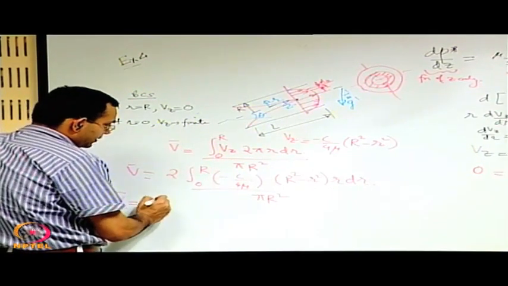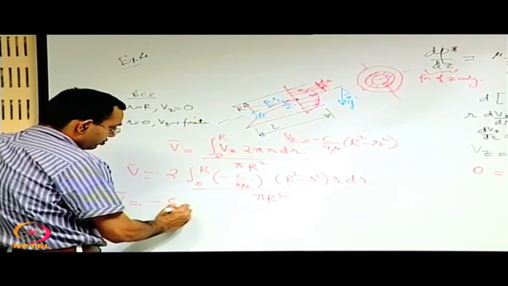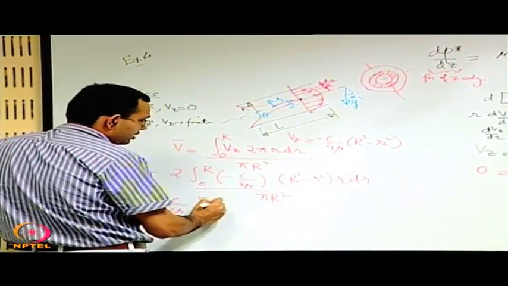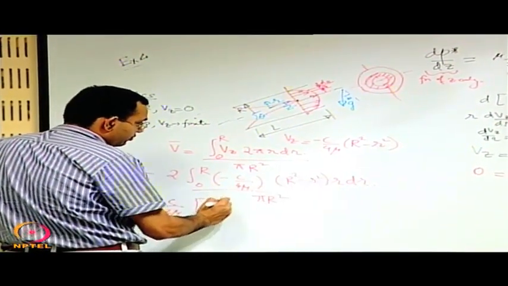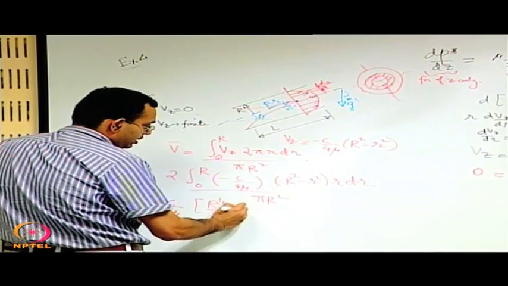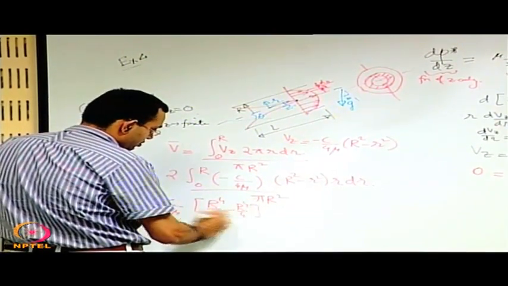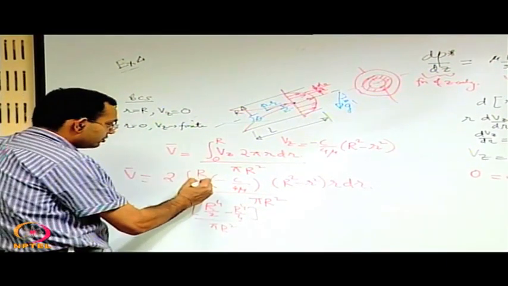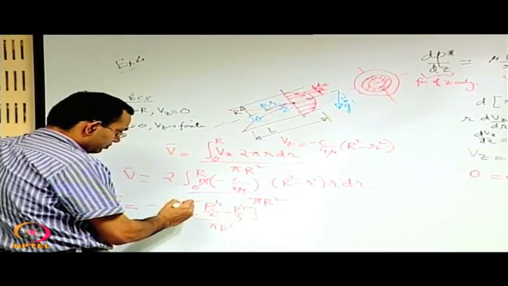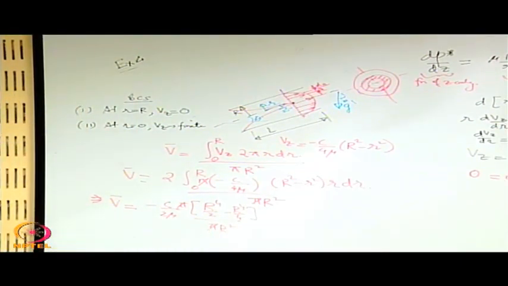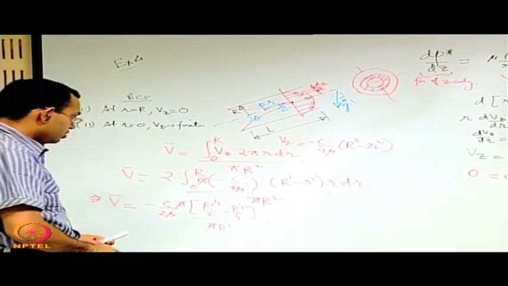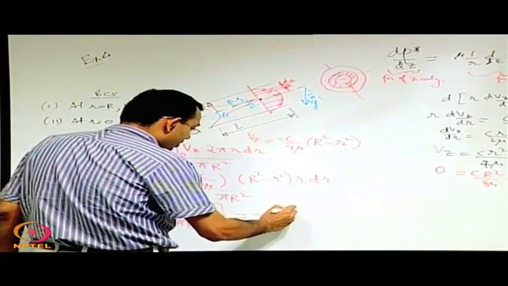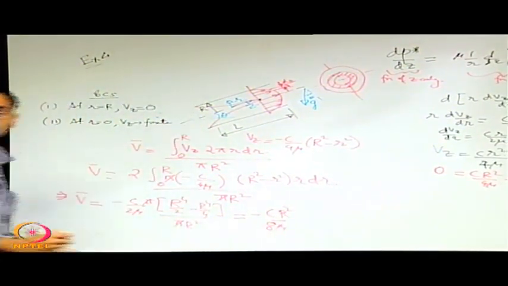Minus C by 2 mu, then if you integrate it, R square, so R4 by 2 minus R4 by 4 by R square, pi has got cancelled, right. So this is equal to minus C R square by 8 mu, right.